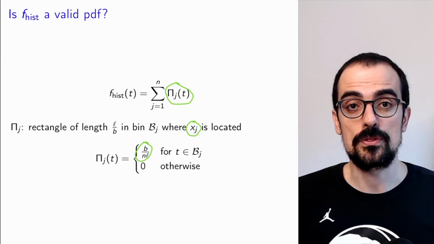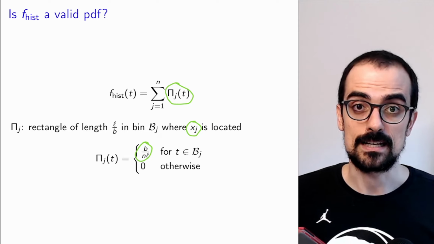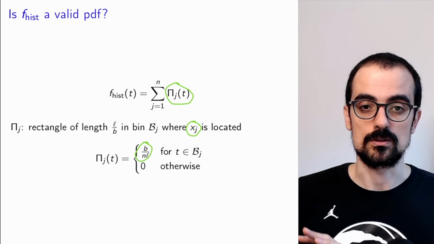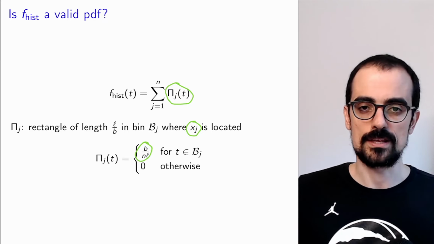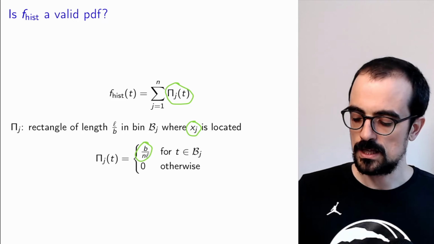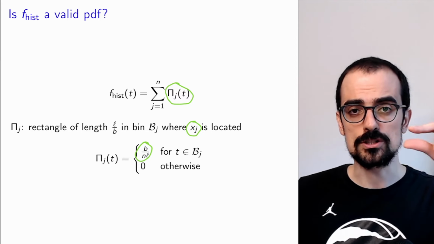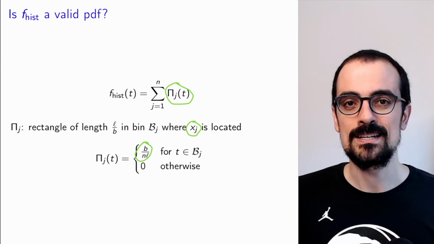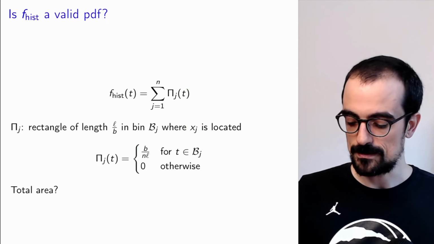And now we have to think, is this a valid PDF? Well, for it to be a valid PDF, it has to be non-negative. It's clearly non-negative, right? It only has non-negative values because in everything we have discussed, there are no negative numbers. It also needs to integrate to 1. We're just considering rectangles, so we can just sum the area of all those rectangles. How many rectangles do we have?